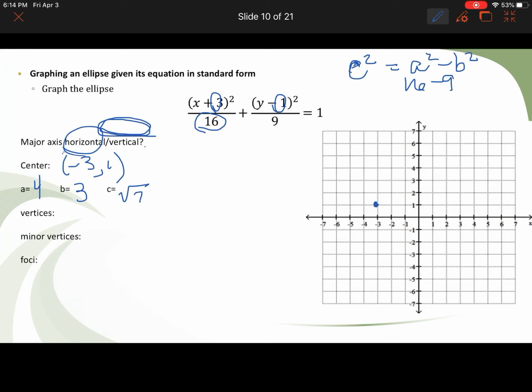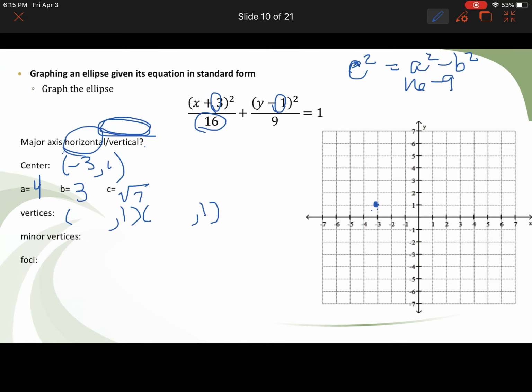All right, so now let's look at the vertices. I can easily graph this because from my center point, I've got a horizontal line to get to my vertices. So my y values are all going to be the same as my center, so it's going to end in 1, right?